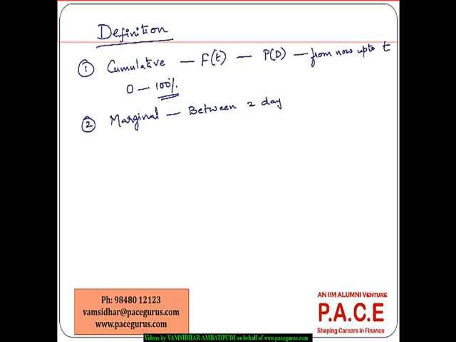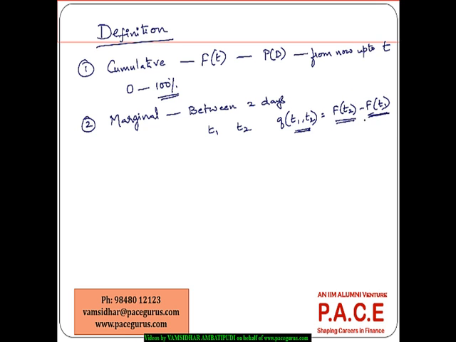So if I am saying between t1 and t2, I will write it as q(t1, t2), which is nothing but F(t2) minus F(t1). That is the probability of default from now up to time t2 minus the probability of default from now up to time t1.